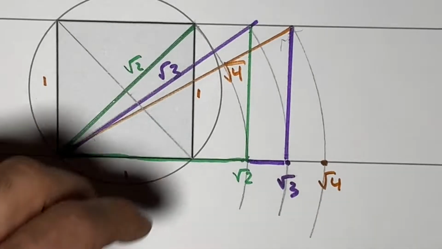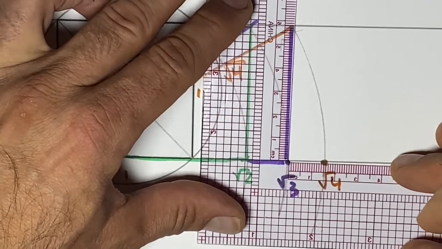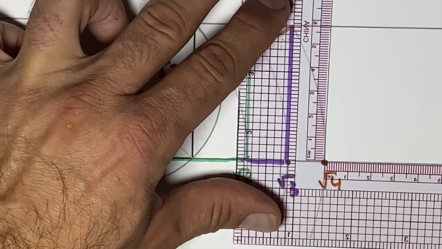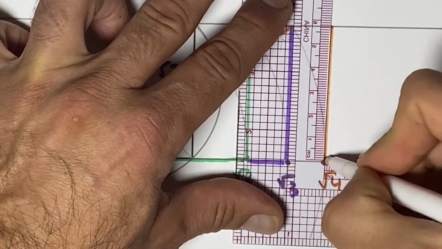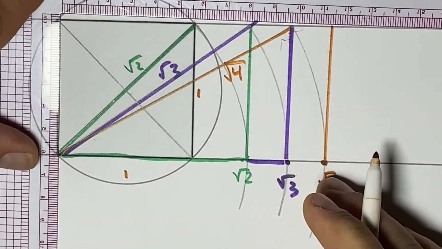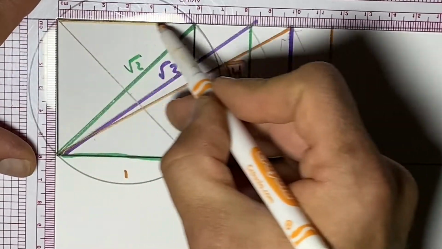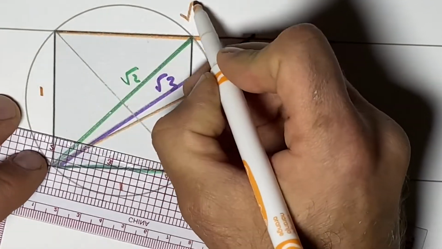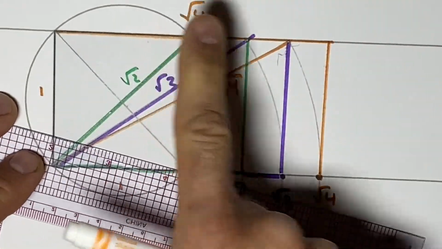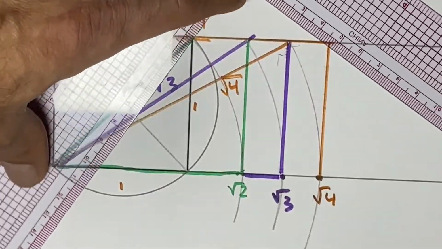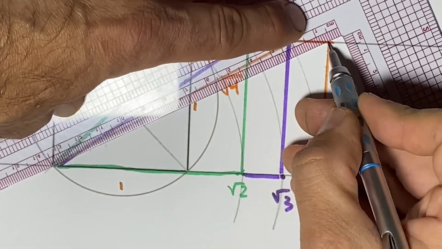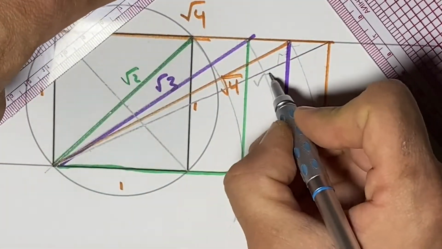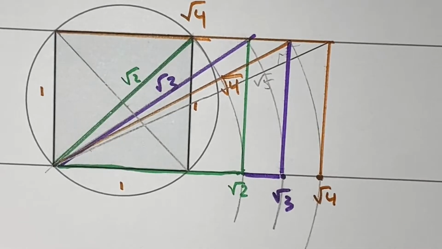So we could make another rectangle whose bottom and top are radical 4. Radical 4 squared plus 1 squared, as you can see, becomes radical 5 squared. So we can continue, like we said, this pattern indefinitely.